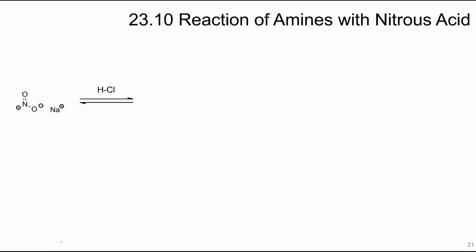There are several reactions that we can do with amines, especially using nitrous acid. If you recall, a long time ago in aromatic chemistry we used nitric acid, HNO3, or we have nitrous acid.